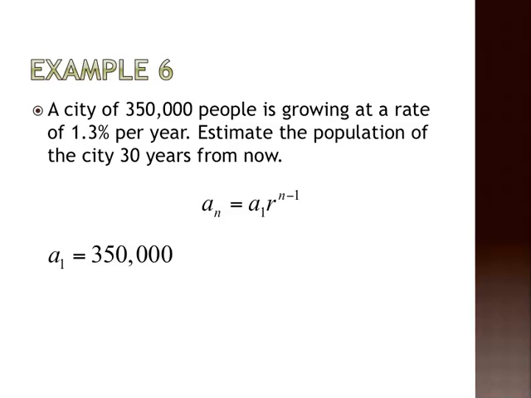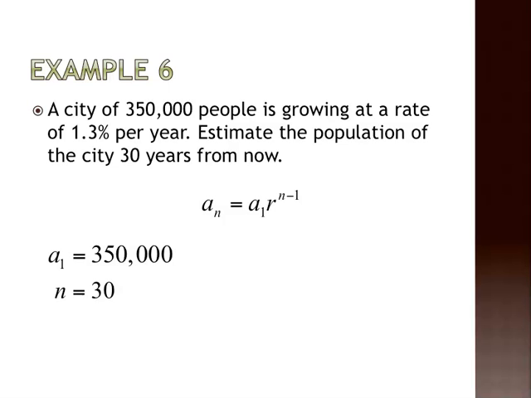Okay, we know that it's growing at a rate of 1.3%. So that must mean, what do we need to multiply by to get the following year? So we don't multiply by 0.013, that's by what amount it will grow, but it doesn't give the population of the city 1 year later.